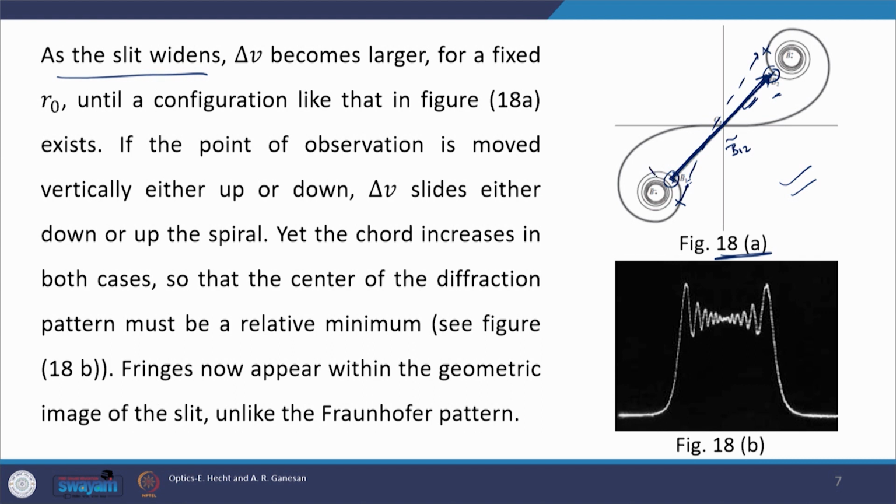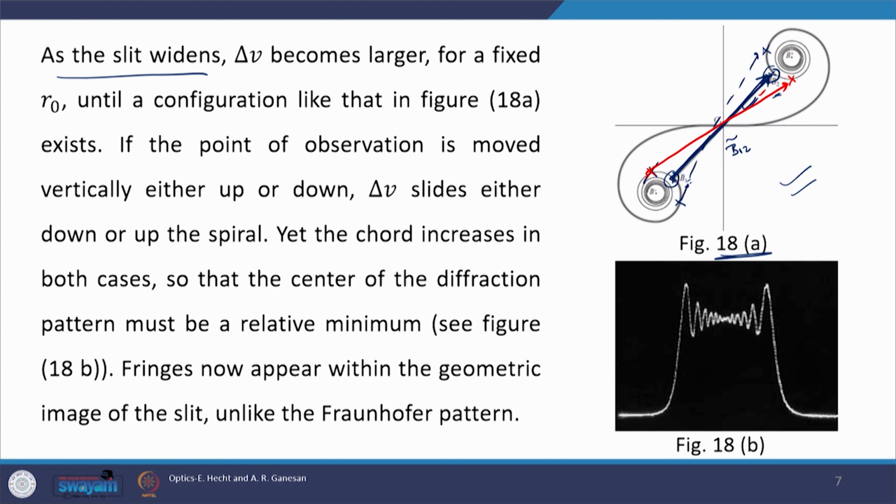Similarly, if you shift B1 to this point, let us pick a different color. If you shift B1 here and B2 here, the new position would be given by this red line, which is again larger than this continuous red phasor.